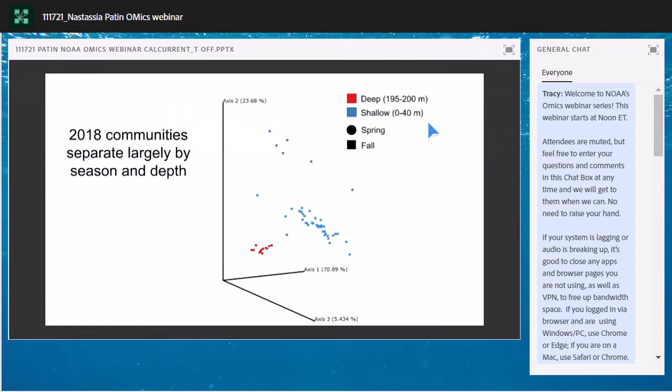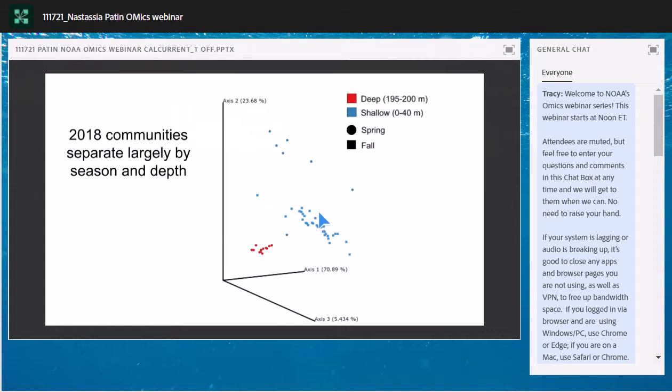These points are colored by the depth from which they were taken. We had a series of samples taken around 200 meters, and most of the samples came from the shallow water column between 0 and 40 meters. The circular points are from the spring and the squares are from the fall.